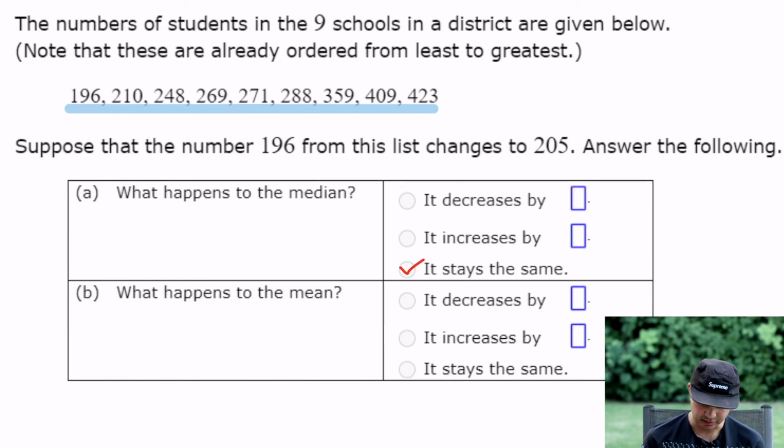Okay, so this becomes 205, right? Definitely does not stay the same, and it definitely does not decrease. You're adding, the 205 is bigger than 196, so it's bigger. So instead, it's going to be increases by, but we don't know what.